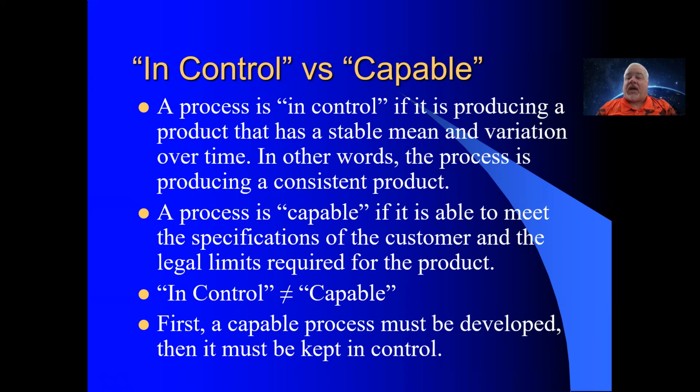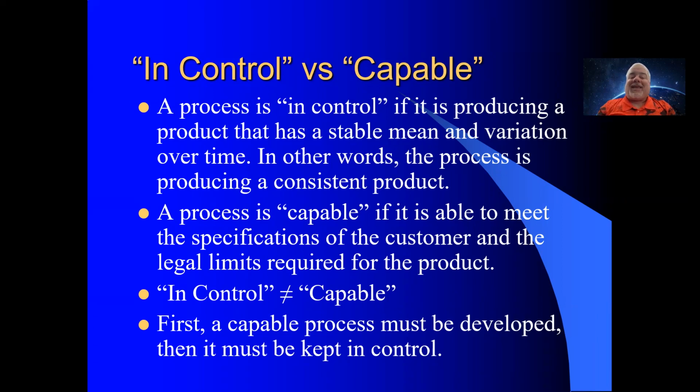And I show that the way I'm running my machine with the products I'm running is something that this machine can do. That is in control. It's stable. It's 1 pound plus or minus a half of an ounce.